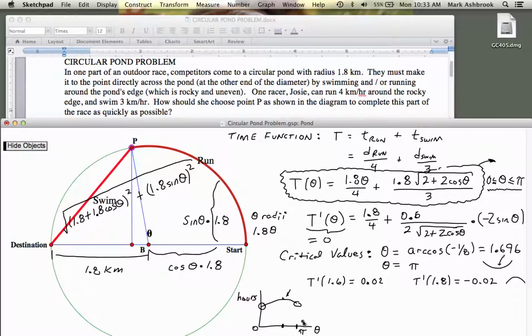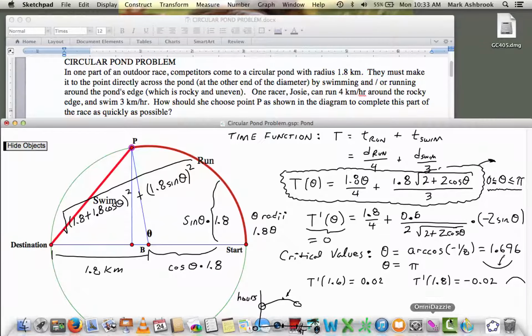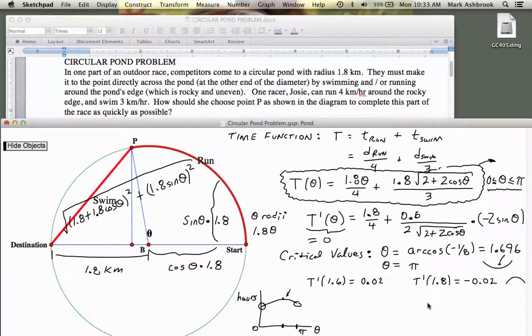So the minimum amount of time that she could run must be at either 0 or pi.